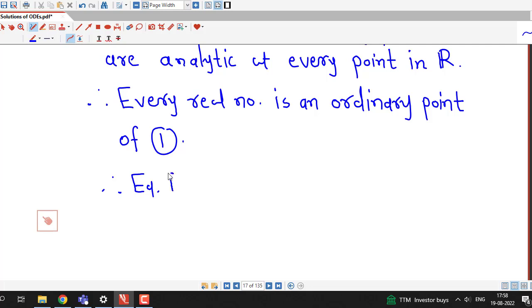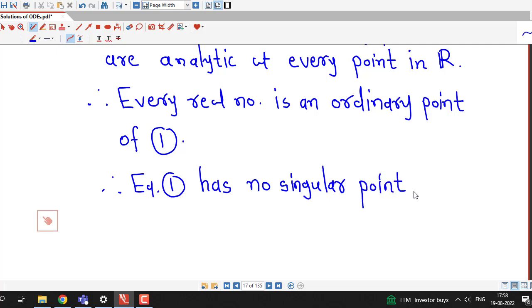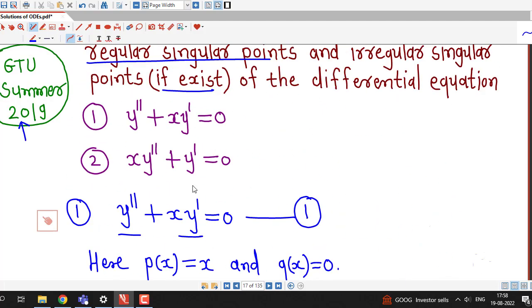Singular points are those points which are not ordinary, but here every number is an ordinary point, therefore equation 1 has no singular points.